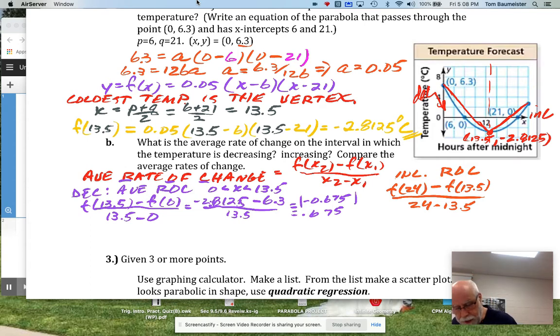So now you're going to say, but I don't know what f of 24 is. Well, all you have to do is take that 24 and plug it into your equation. Like I said, last time I did this, it was starting to not let me finish. So I'm just going to tell you that it's 2.7 when you plug it in, and it's going to be minus a negative 0.28125.